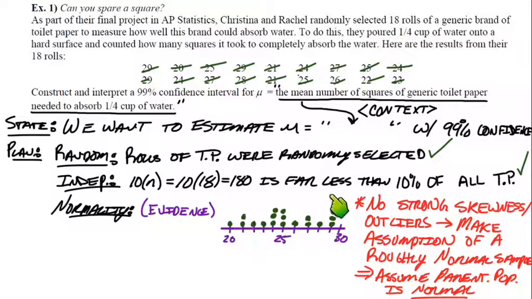That's part of our evidence. And then we say, hey look, there's no strong skew or outliers, so we're going to assume this sample data could have come from a normal parent population. Therefore, the normality condition is good. So this guy gets a green check mark as well.